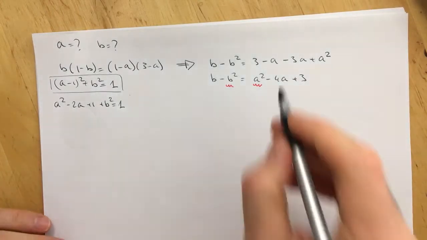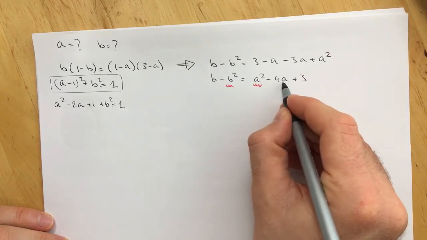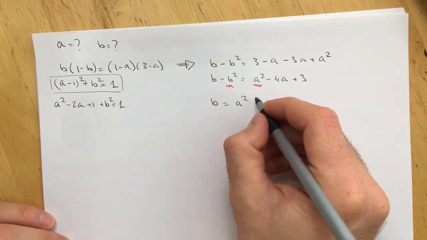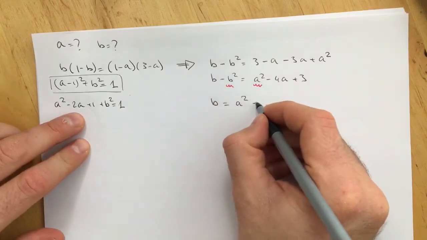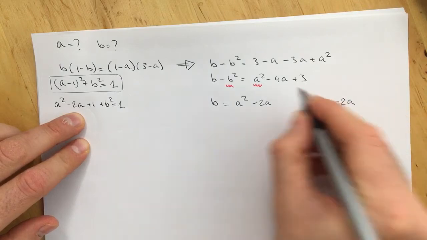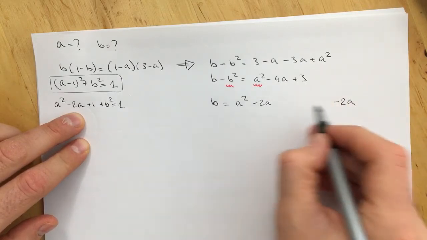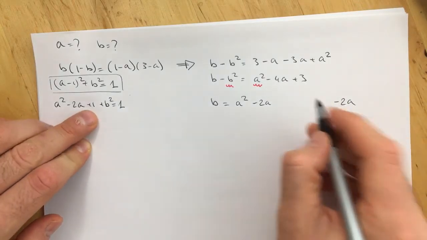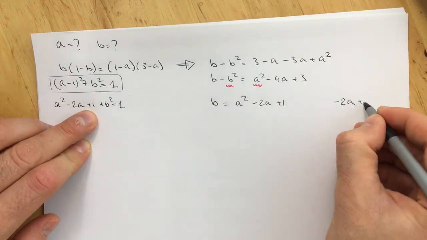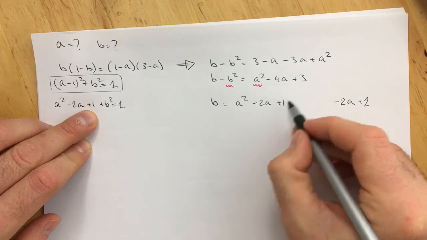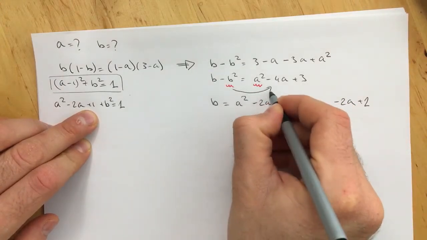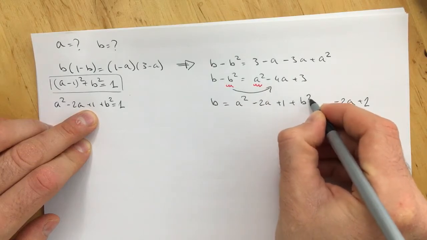Well, I'm going to borrow that negative 2A plus 1 from here. So B is equal to A squared minus 2A. I borrow minus 2A from here, so I'm left with negative 2A. Negative 4A is negative 2A minus 2A. Plus 1, I borrow that 1 from here, so that means I'm left with 2 here. 1 plus 2 is 3. And bringing B squared on this side, I get plus B squared.